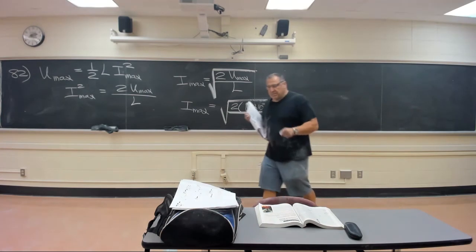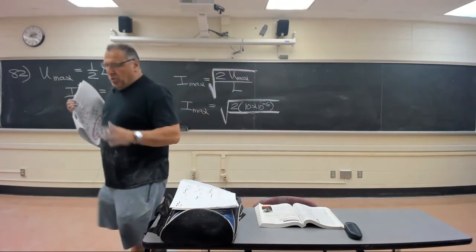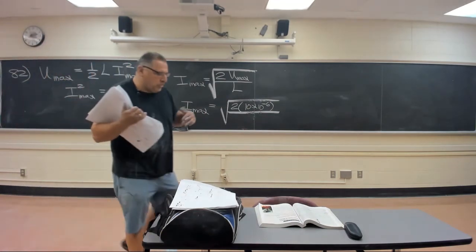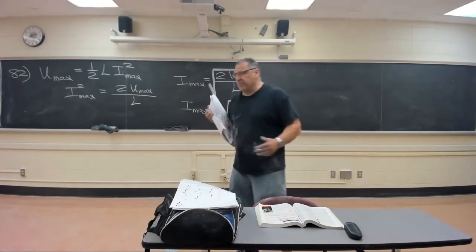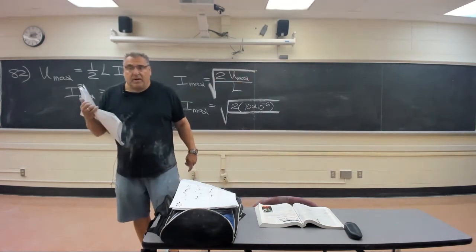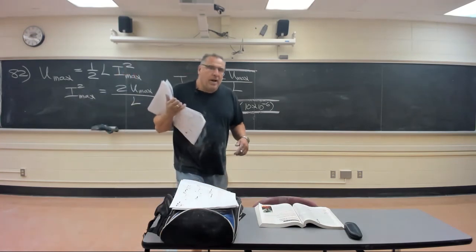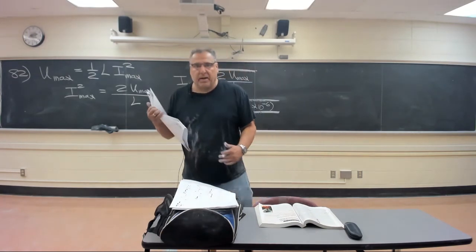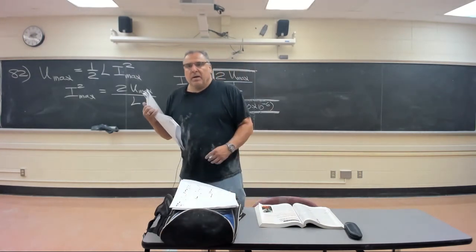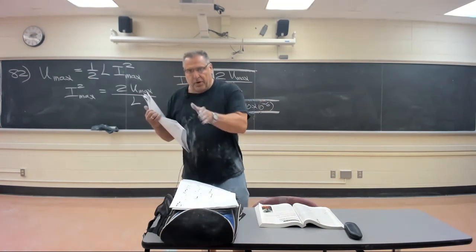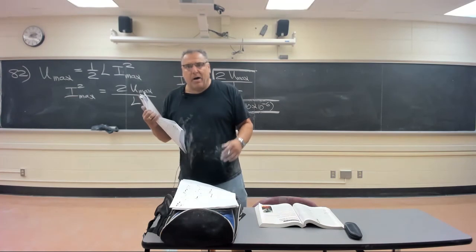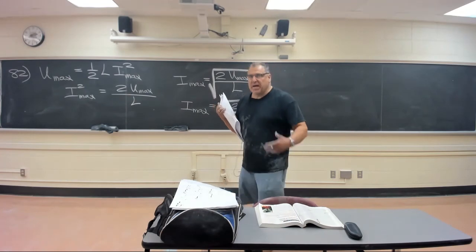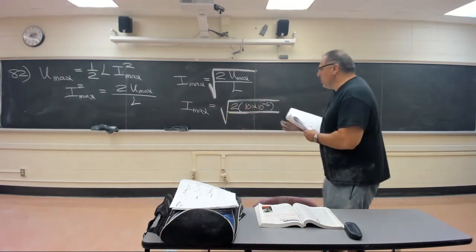You better make sure you are using joules, watts, amps, coulombs, newtons, kilograms, seconds, etc. If they're saying micro something, nano something, pico something, milli something, make the conversion. 10 microjoules is 10 times 10 to the negative 6 joules. Make sure you're using the units that are going to be working.